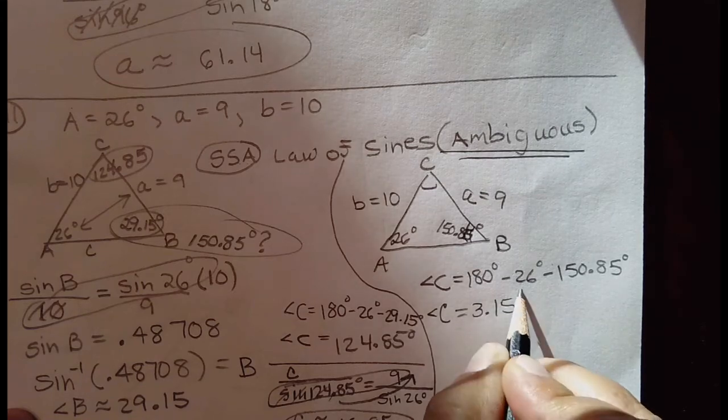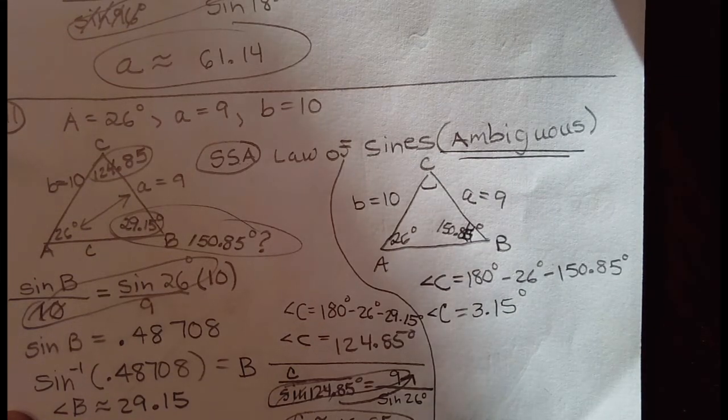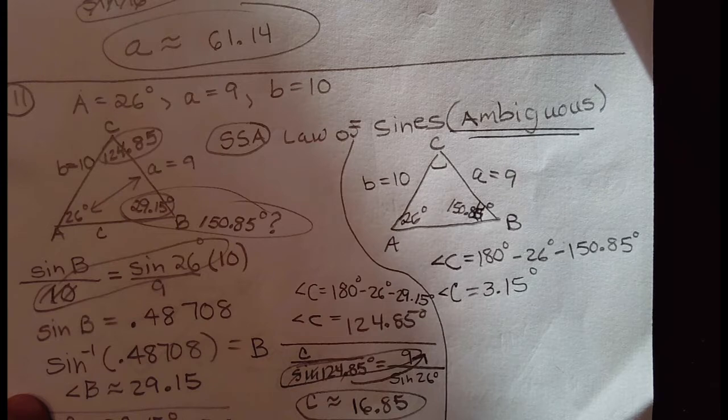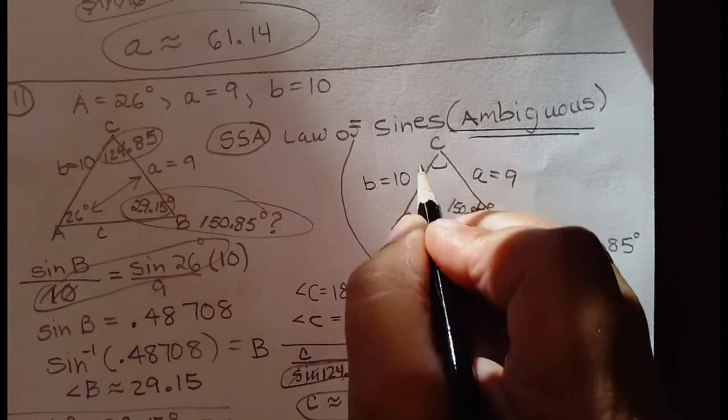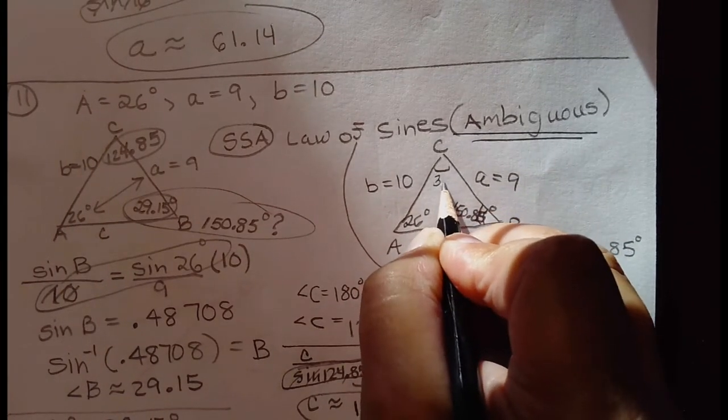Okay, and then finding side C across from angle C, which happens to be 3.15 degrees. And of course, for that last side, you can use law of sines. So I'm looking for side C. That is across from an angle that's 3.15 degrees.